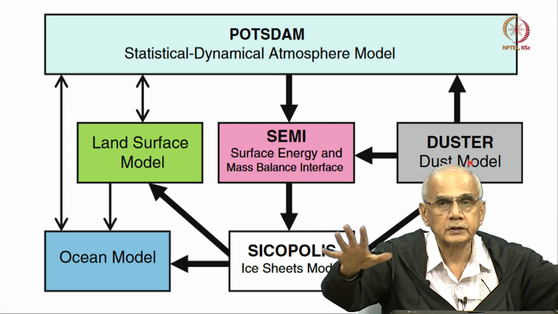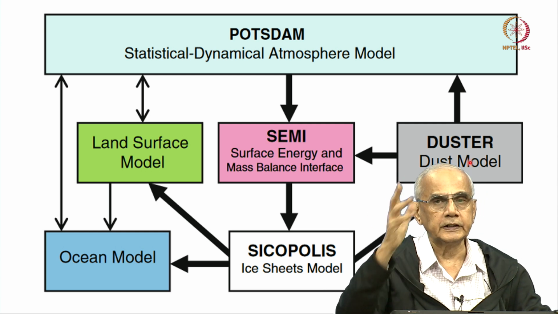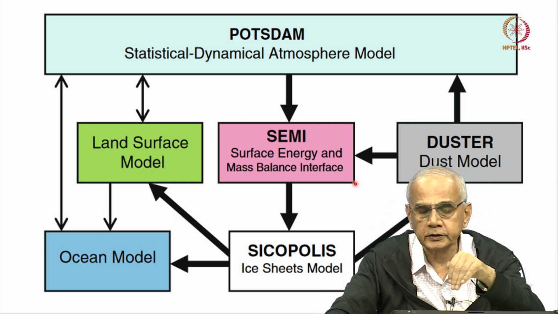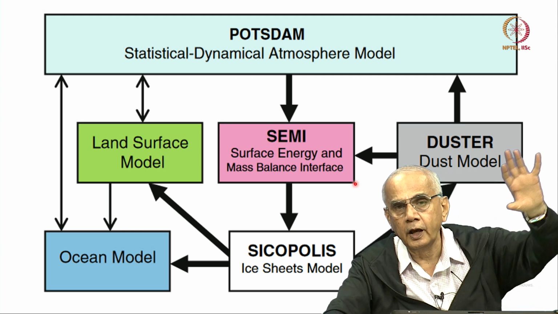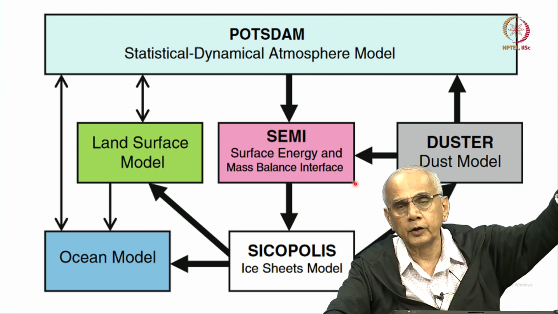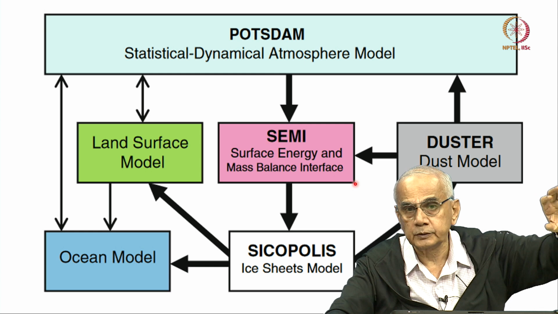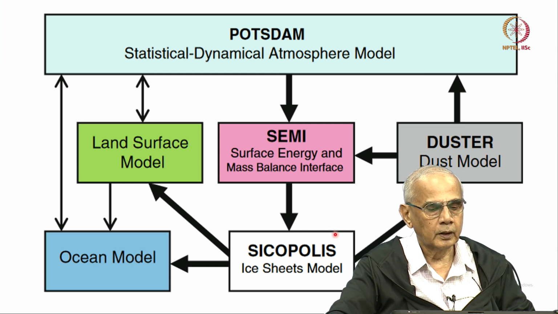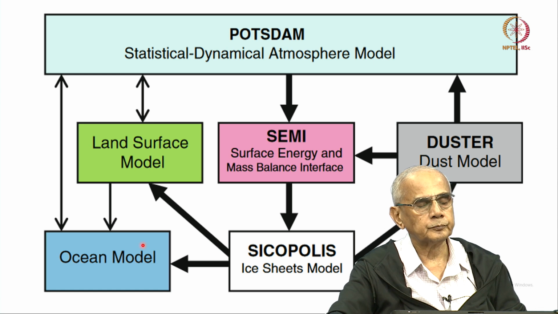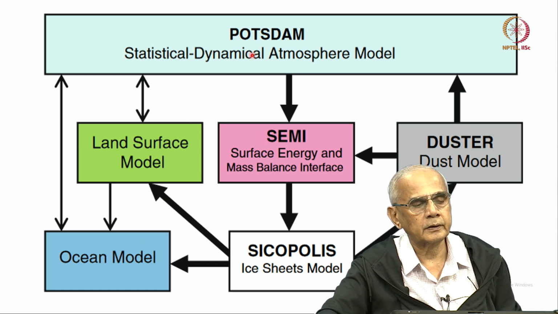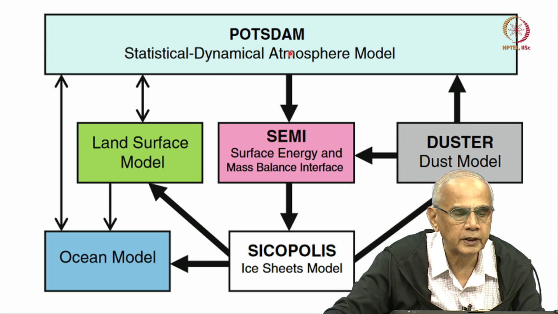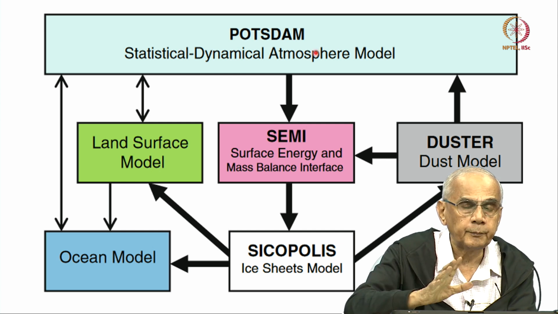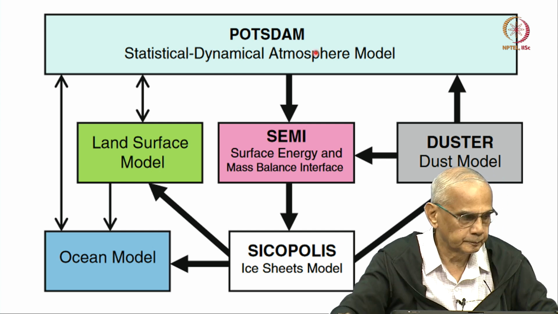There were many more deserts, and so the dust storms increased. And dust, of course, reduces the solar radiation entering the Earth's surface and also absorbs solar radiation and warms the atmosphere. So, dust plays an important role in Earth's climate, and it has been included. They also had an ice sheet model and ocean model. So, the only simplicity that Potsdam introduced is regarding the atmospheric model, because their main focus was on the ocean model.